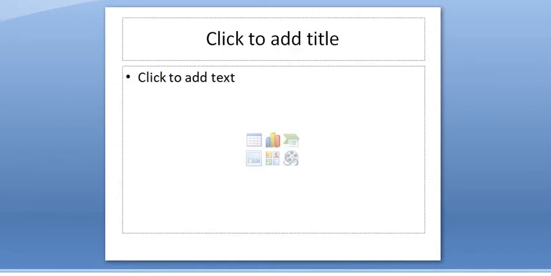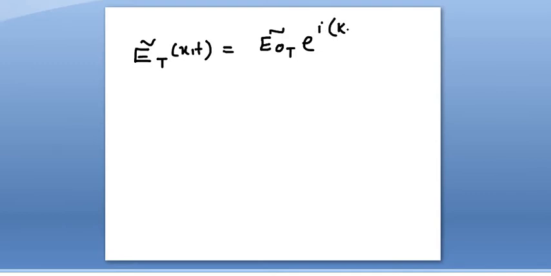I hope this part is clear. Then we will go to the transmitted wave. E_T(x,t) will be E0T e raised to i(K2x minus omega t), in the J cap direction.